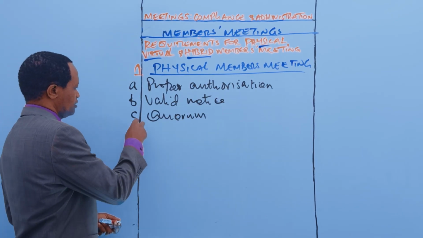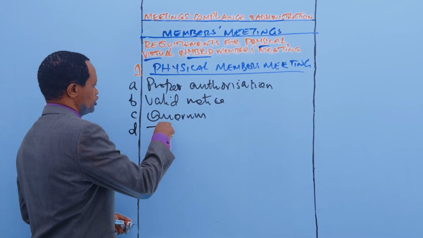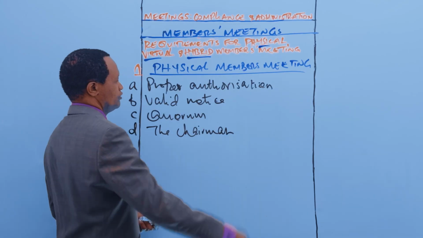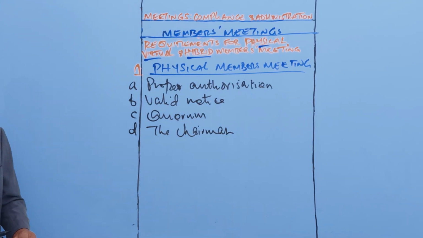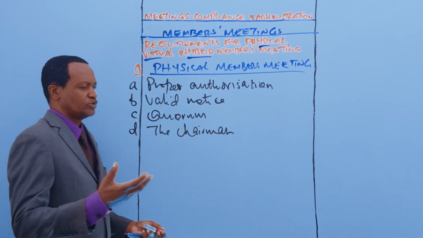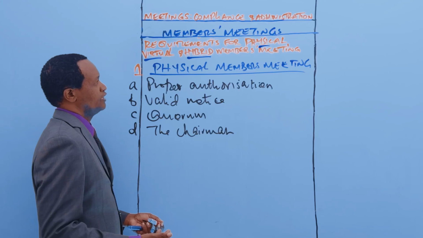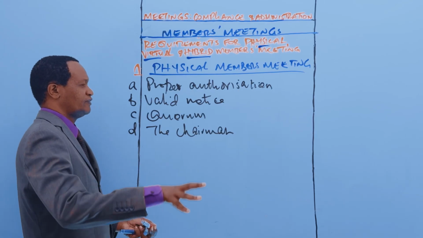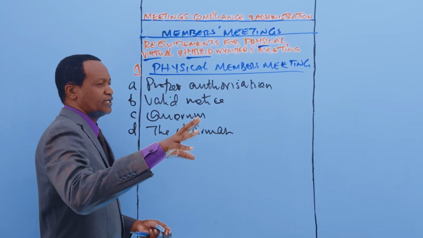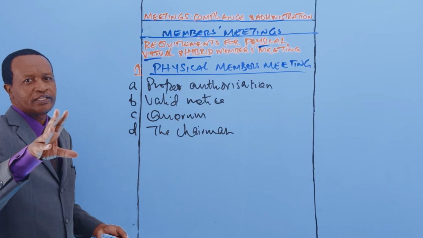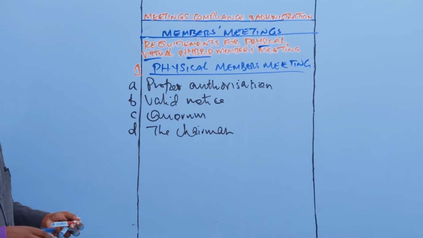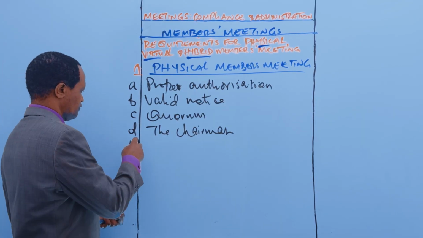There is another requirement in relation to the chairman. The chairman. There has to be a qualified individual who must preside over the meeting to maintain order. A physical members meeting must have a chairman, a person presiding over the meeting. Then, of course, there is voting.